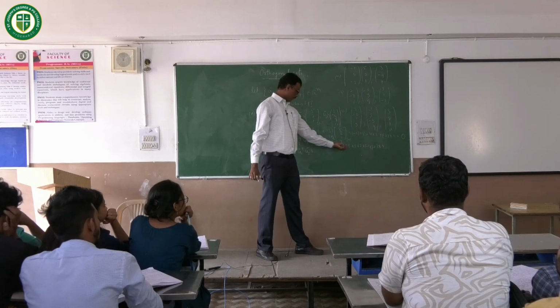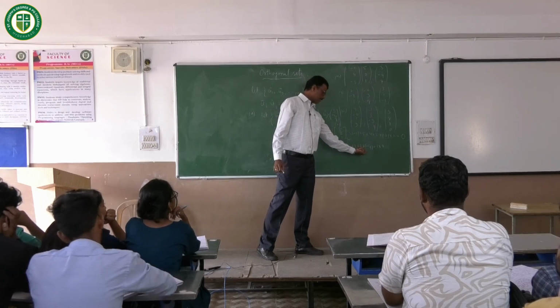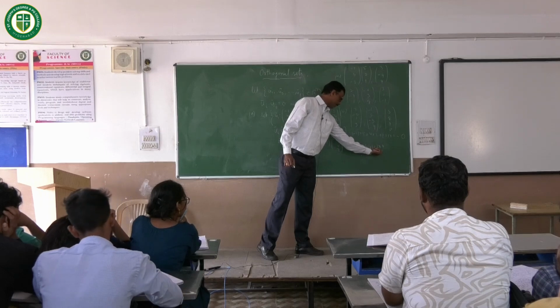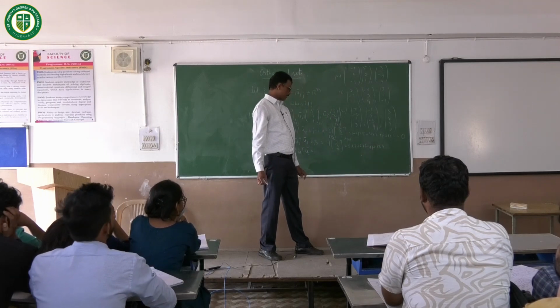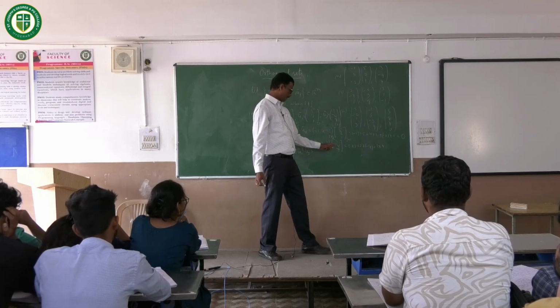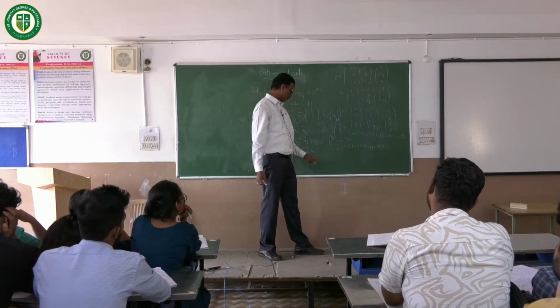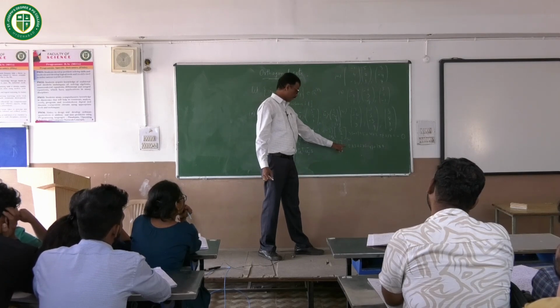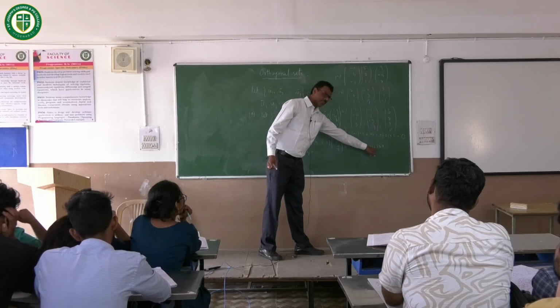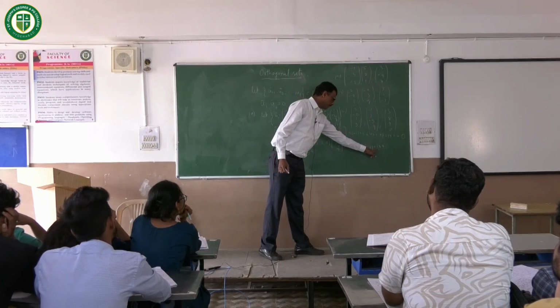How much will you get? 5 threes are 15, here is minus 8, here is plus 7. So 15 plus 7, how much? 15 minus 8 is 7, plus 7 is 14.